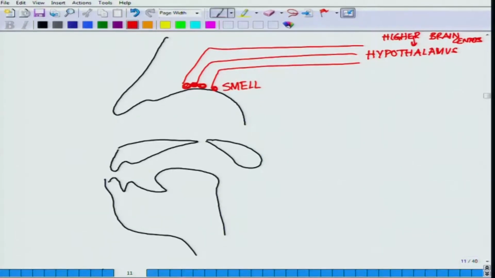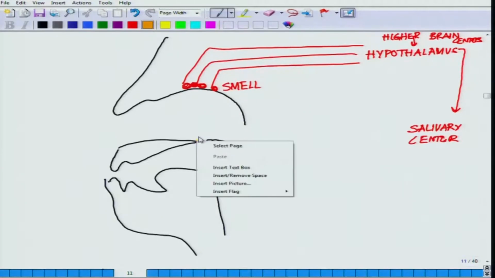Then that same hypothalamus is controlling the salivary centers. From here to here you have, let me put some dark color that will help you to understand.